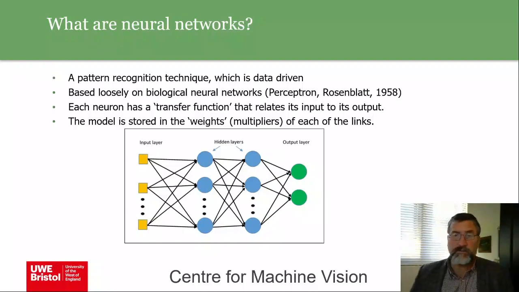So although it was invented in 1958, it didn't really get going as a technique until the 1980s, towards the second half of the 1980s. And then there was a resurgence with neural networks, and people realized that you can use them to model all sorts of functions. For example, if you were in industry trying to model some behavior, like a part being compacted out of powder, in powder metallurgy, where you make parts out of metal powders.